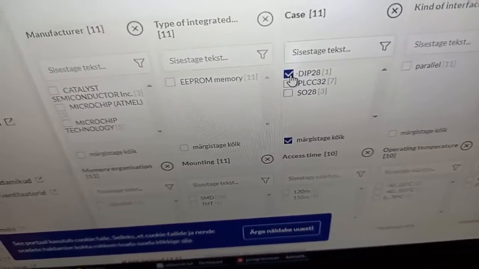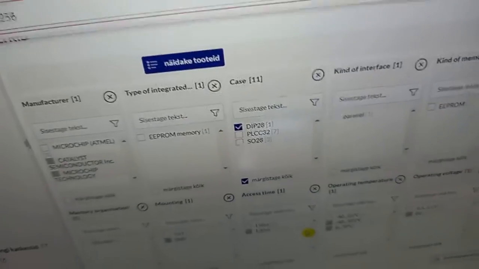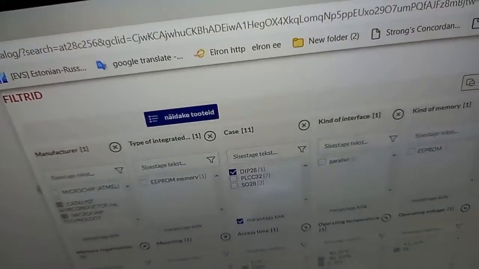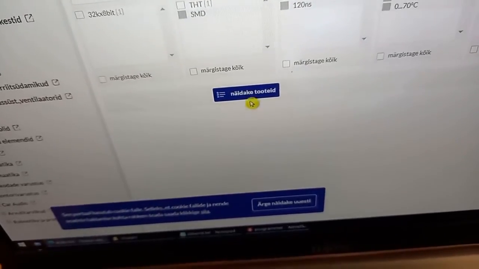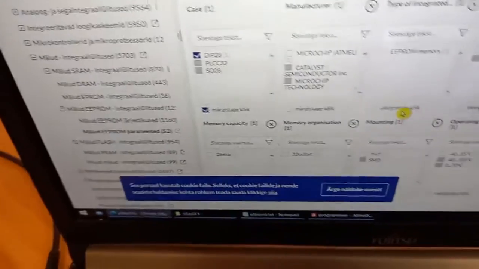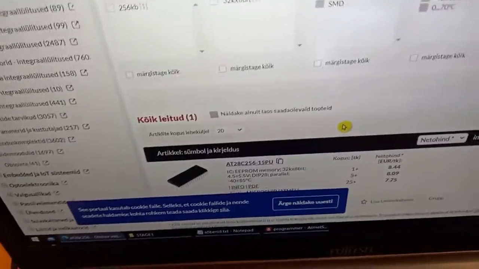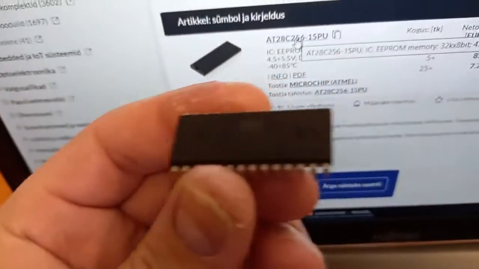DIP package, and we have it here. That's the one that we're using here.